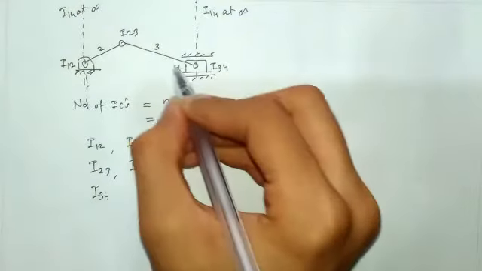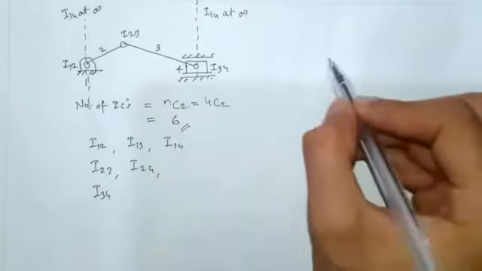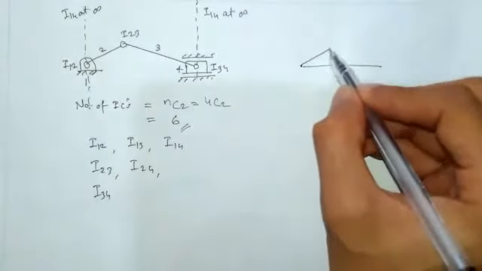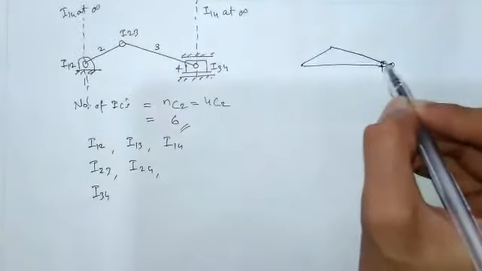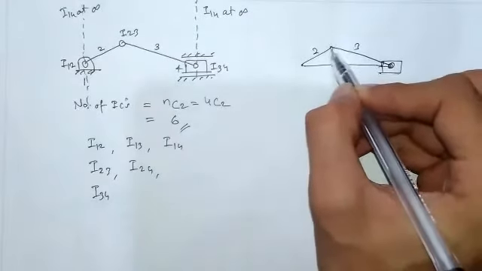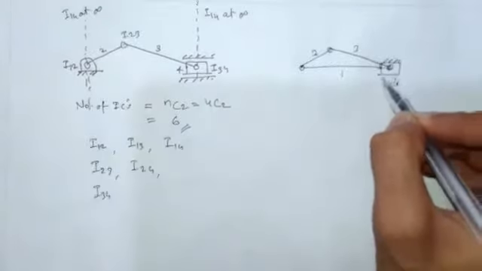So let us say in this mechanism, if we have link 4 fixed instead of link 1, let me draw. Here is the slider. This is link 1, 2, 3, and this is link 4, and the slider is fixed.